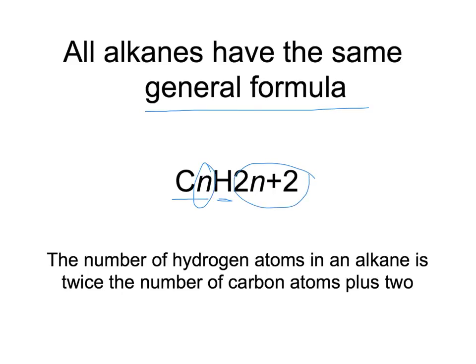So say if I have got 6 carbons, then to work out the number of hydrogens, I need to do 2 times 6 plus 2, which gives me 14. So that would mean that C6H14 is the formula of that alkane.